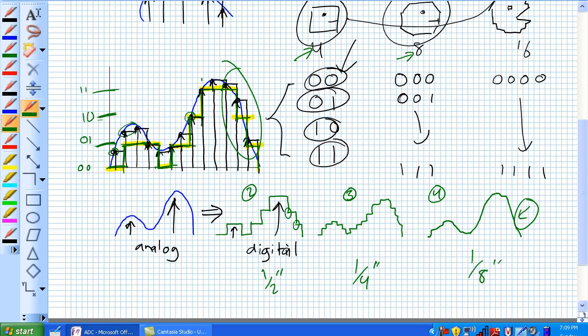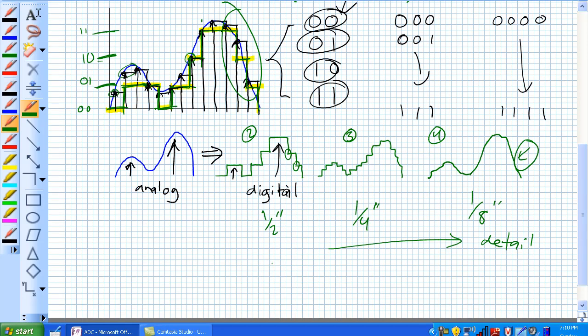This guy's got 1/8 inch increments. You're getting a more detailed picture this way. But if you are up this way, this is a lot easier. You're getting a general value, general indication of what's going on. It's easier, but far less detail.